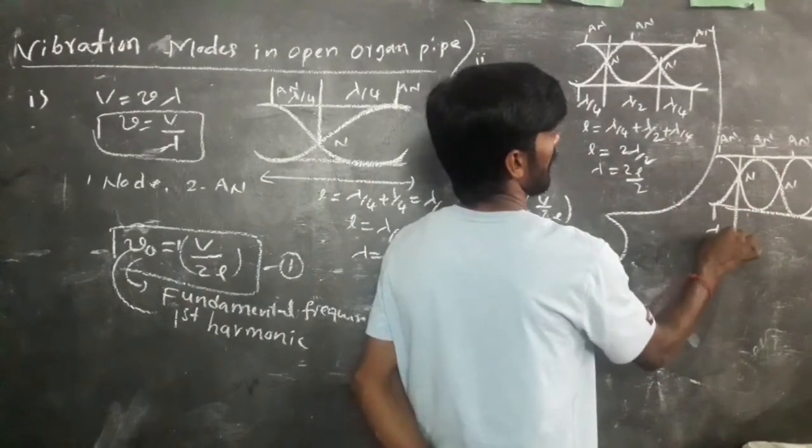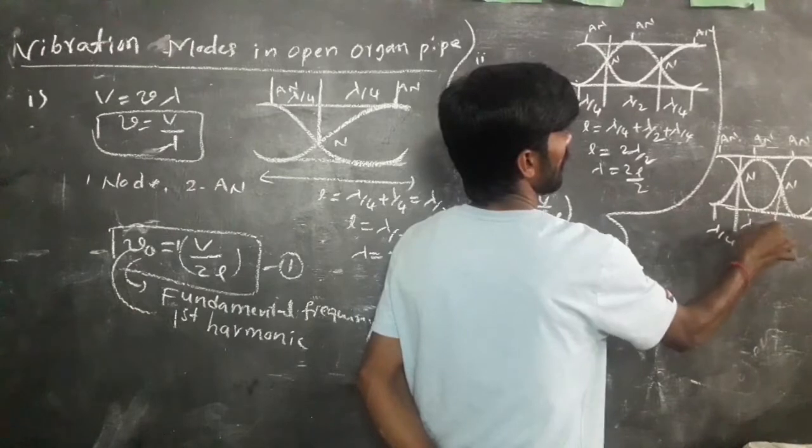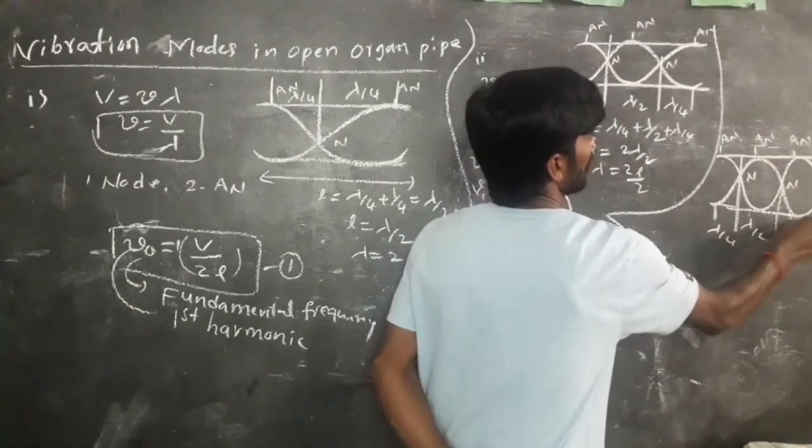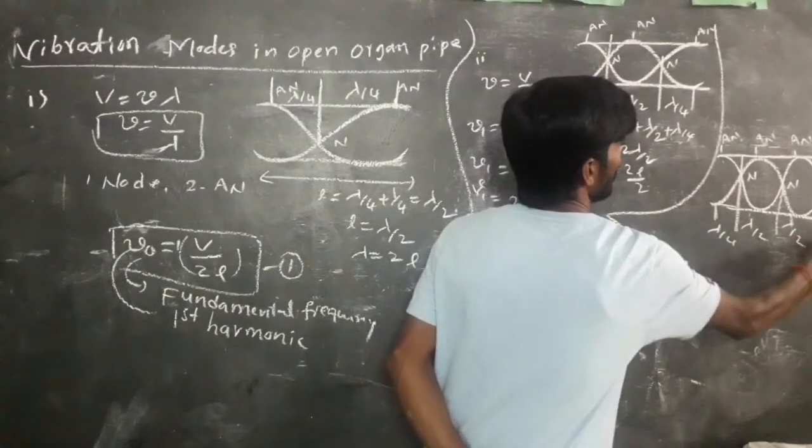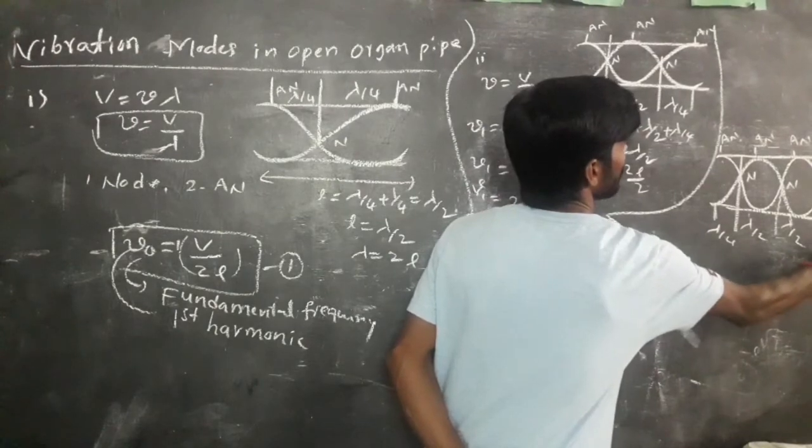Node to antinode, lambda by 4. Node to node, lambda by 2. Node to node, lambda by 2. Node to antinode, lambda by 4.